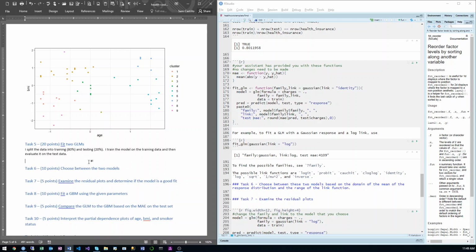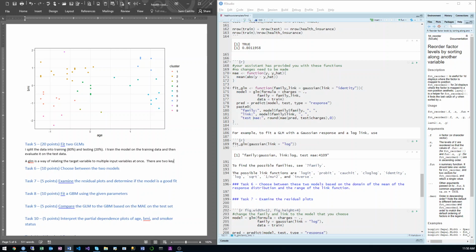And what type of model are we using? A GLM is a way of relating the target variable to multiple input variables at once.